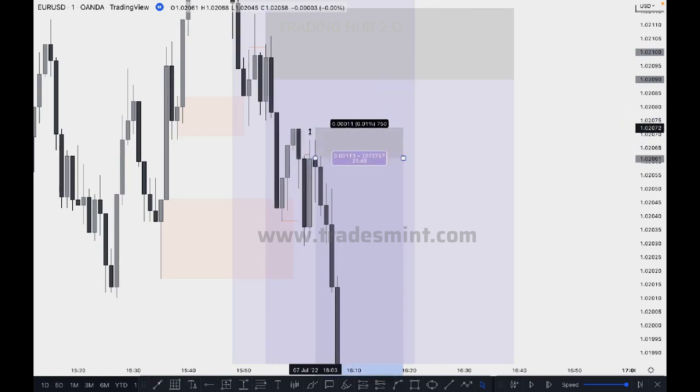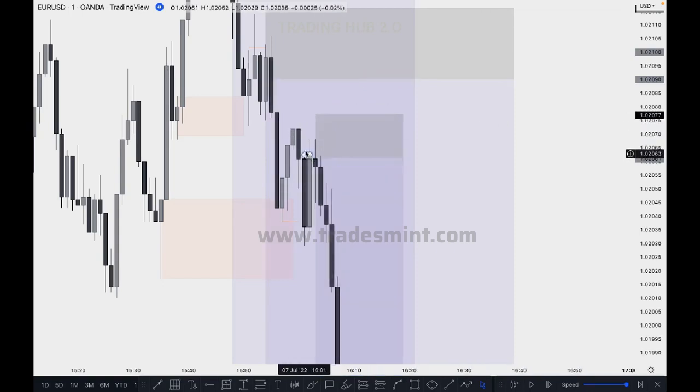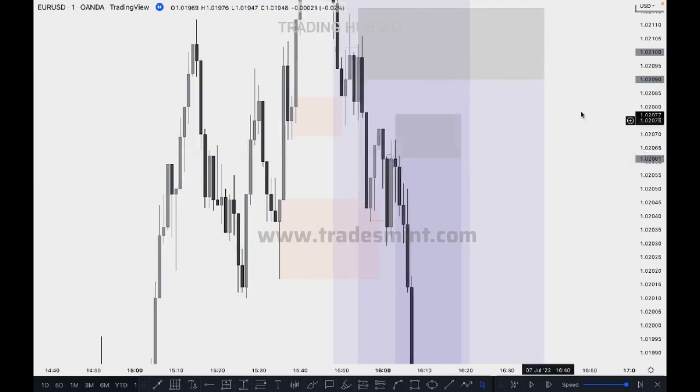Okay, we can also put the stop loss just above it, which is less than 1 pip, but this does not make sense. Okay, so I put the stop loss just above it, which is here, correct? And in this case you can see market completely respected our entry strategy. Okay, so this is our next entry, which is we can enter here.